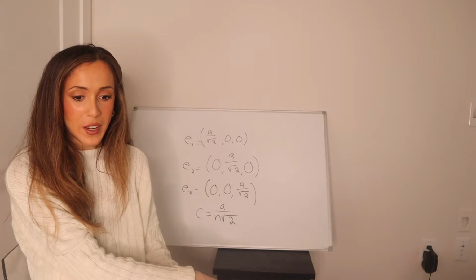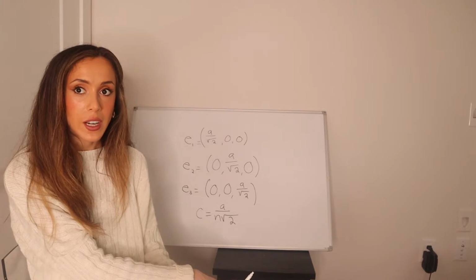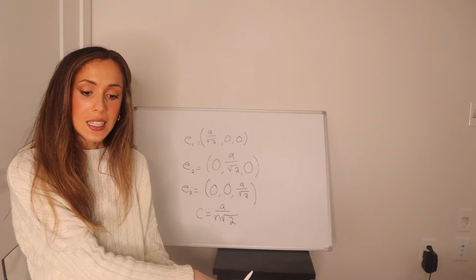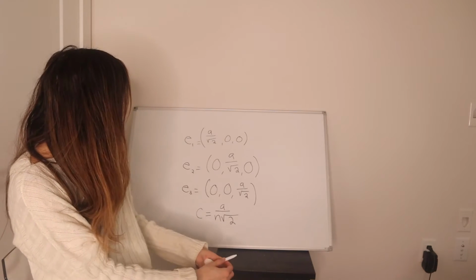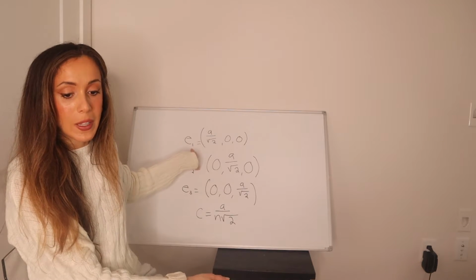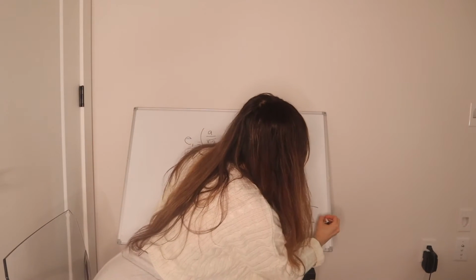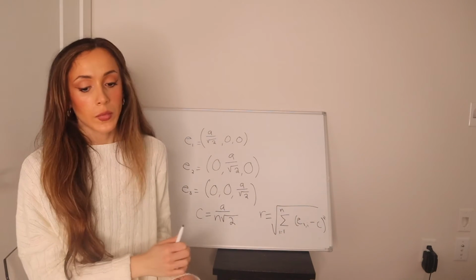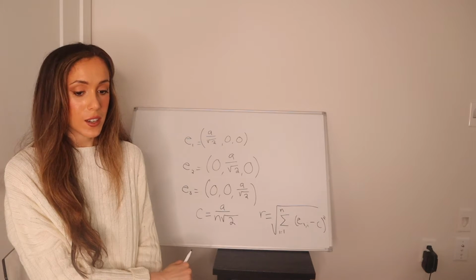Now we need to determine the distance between the centroid and one of the base's vertices, what I will call the radius r. To do this, we can use a modified distance formula. For ease, let's choose the first vertex even though they are all equidistant. Here is a more general form of the distance formula as it relates to r. If we look at our first vertex, only the first coordinate has a non-zero value.